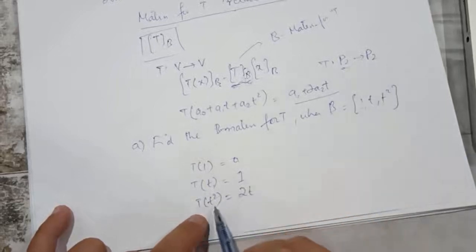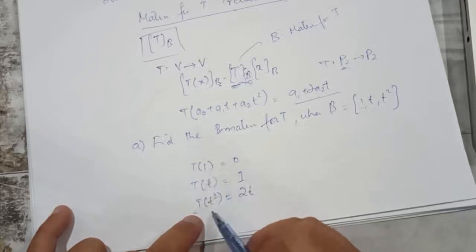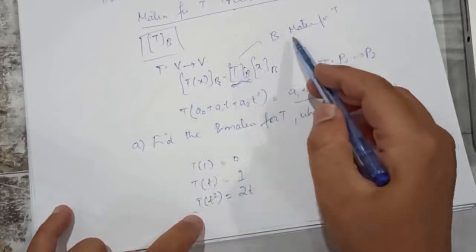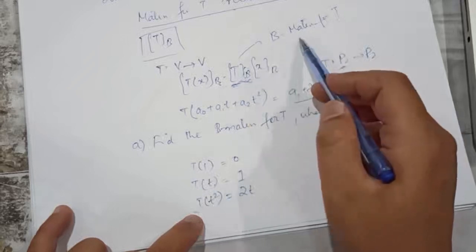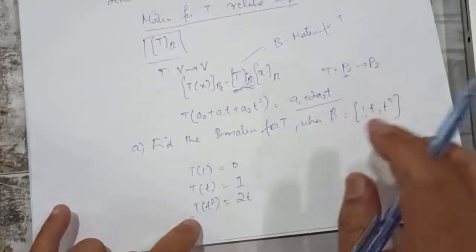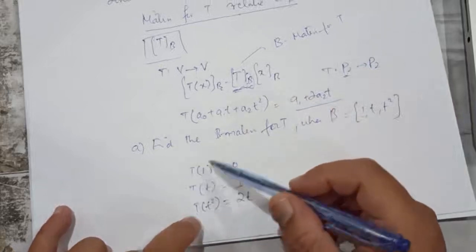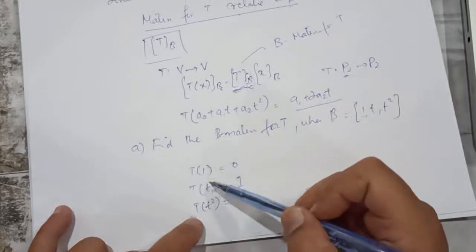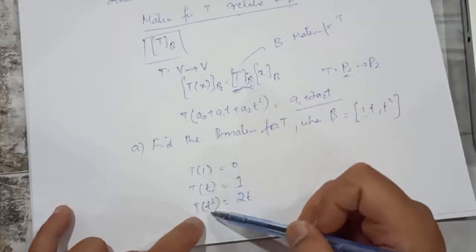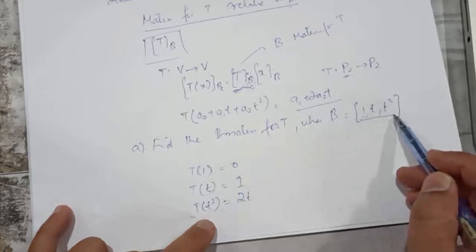So these are the transformations of the basis vectors for the beta matrix for T. So we have just found that this is T of 1, this is T of t, and this is T of t square, and these are the images corresponding to these bases, right?